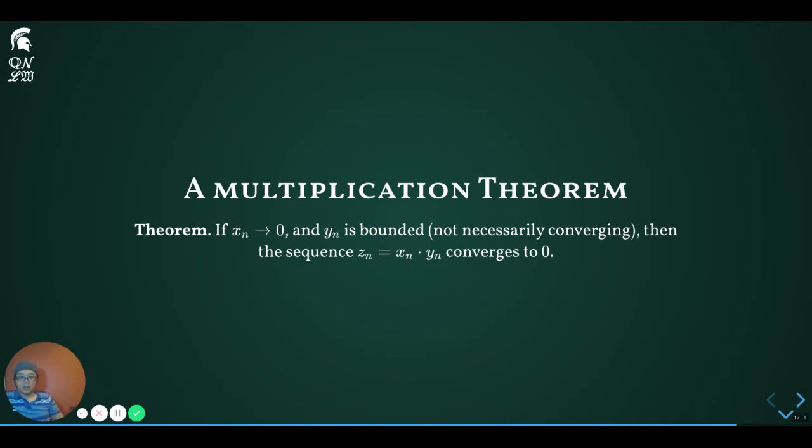An important remark. Earlier, we demonstrated that convergent sequences must be bounded. The converse is not true. Bounded sequences may be divergent or may be convergent. It depends on the precise sequence. We claim that the product sequence will still converge to 0.